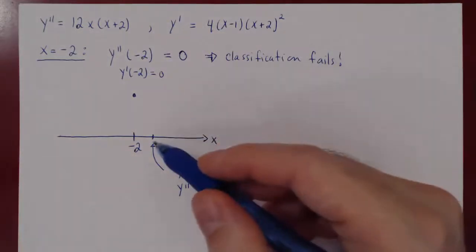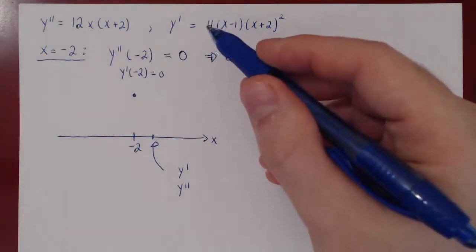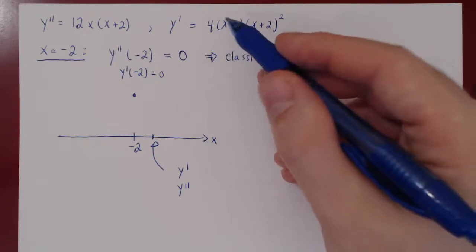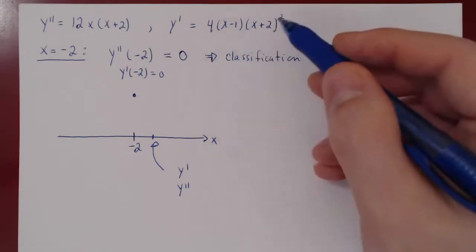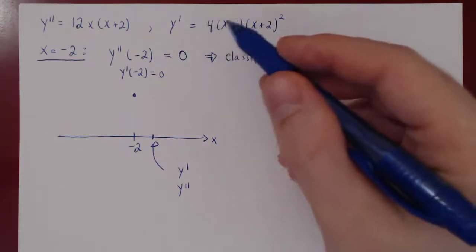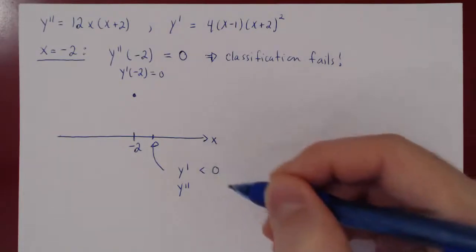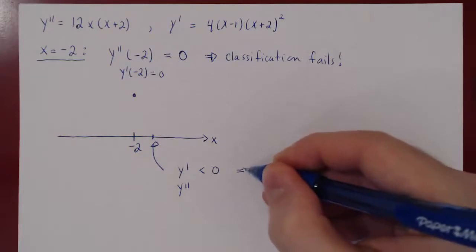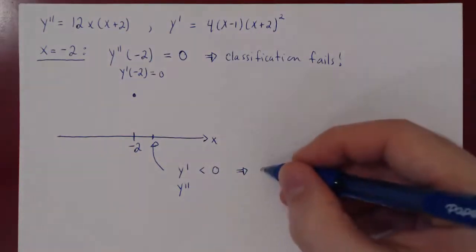So, if x is really close to negative 2, this is always positive. Roughly negative 2, negative 1 will be roughly negative 3, so that's negative. And because we have a square here, this will always be positive. So we have a positive times a negative, so the first derivative is negative, close to negative 2. Therefore, if the first derivative is negative, the function is decreasing.